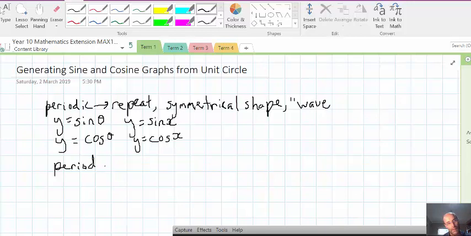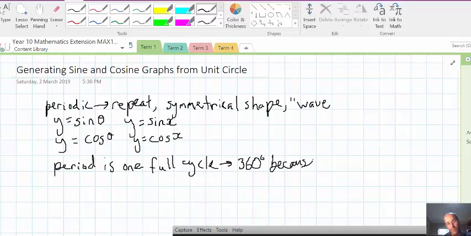A period is one full cycle, and that is, on these sort of graphs, 360 degrees because of the unit circle.